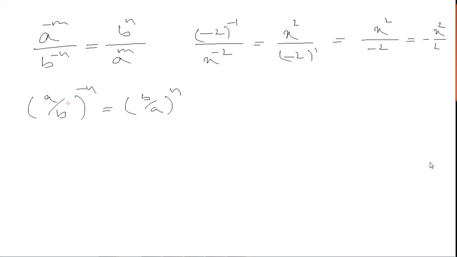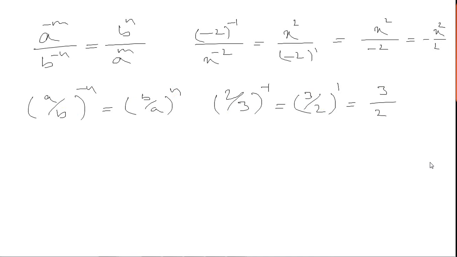So instead of a over b, you have b over a, and now you can use n, which is a positive power. So for example, 2 over 3 raised to the power of negative 1 is 3 over 2 raised to the power of 1, which is 3 over 2.